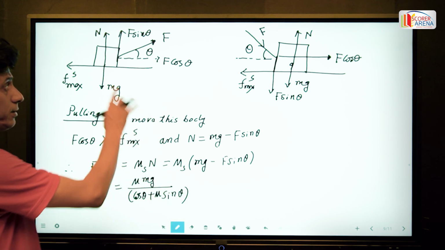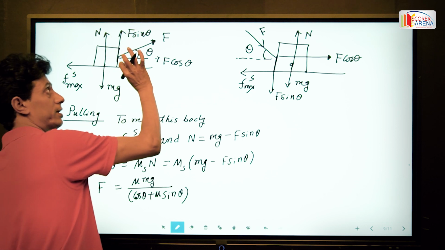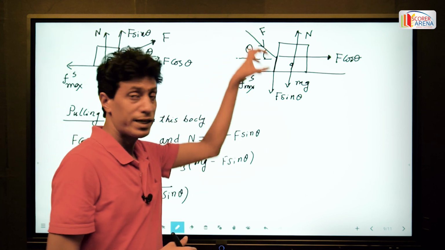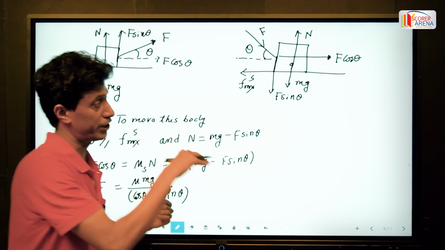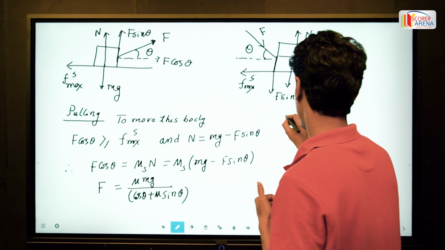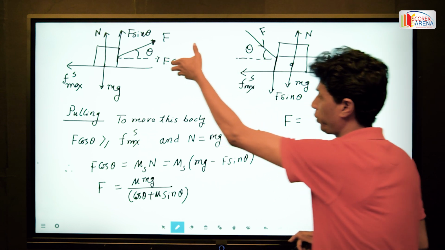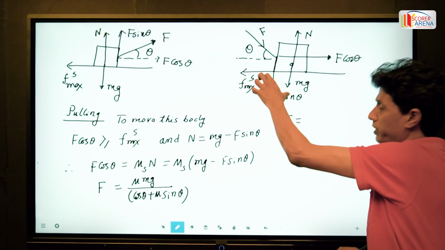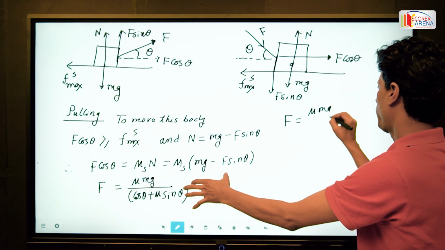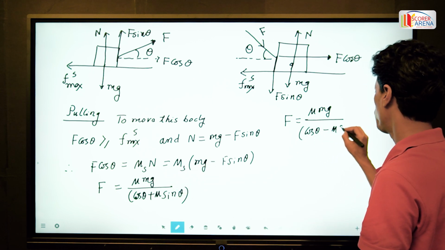This is the clear difference: in pulling, F sin theta acts upward, and in pushing, F sin theta acts downward along the direction of mg. So this component becomes opposite, and in the equation mu mg is divided by cos theta minus mu sin theta.